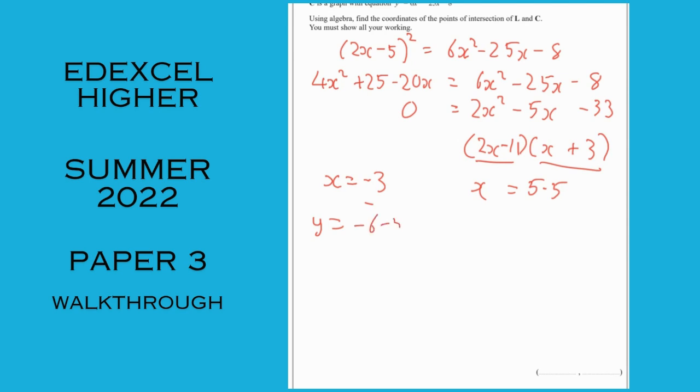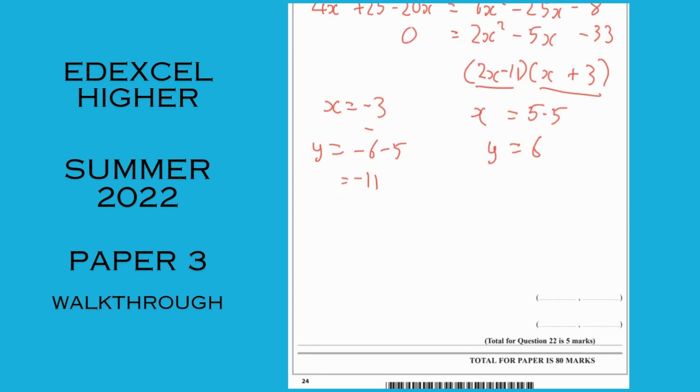So double it, take away 5, we get -11. We double it and we take away 5, double it, you get 11, take away 5, we get 6. Make sure you put your right pairs together. When x is -3, y is -11. When x is 5.5, y is 6.